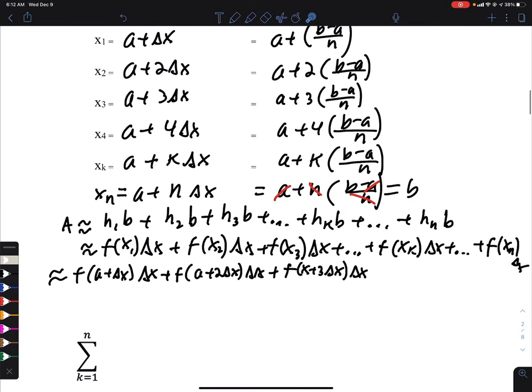So just a reminder of what's happening: I'm replacing these x's here with the values we found. And so on and so forth.